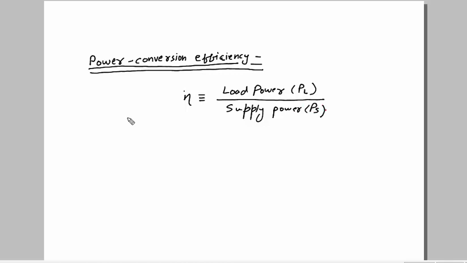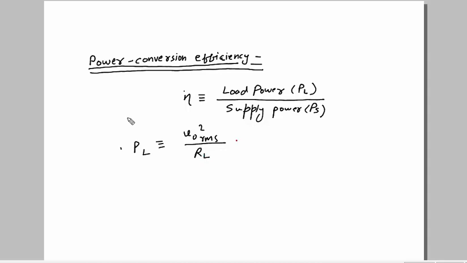Okay, this is how the efficiency is defined. Now assuming that the output voltage is sinusoid with the peak value Vp, what is the average load power? The average load power PL equals V naught RMS value squared divided by RL. Okay, this is the definition of PL.